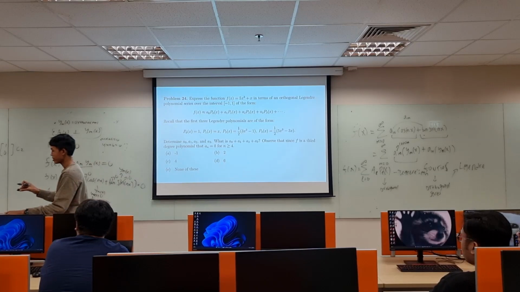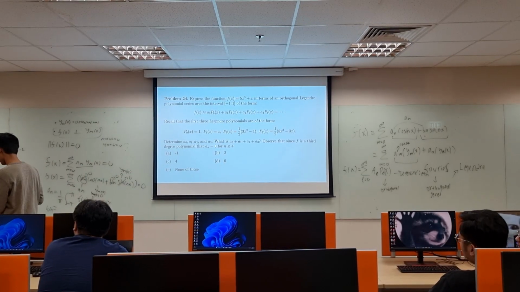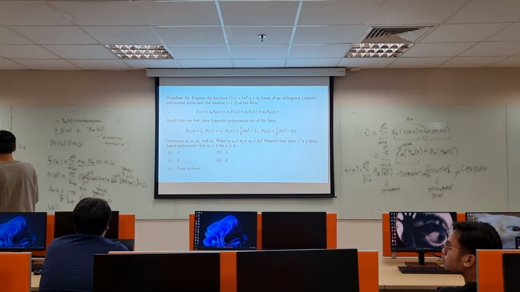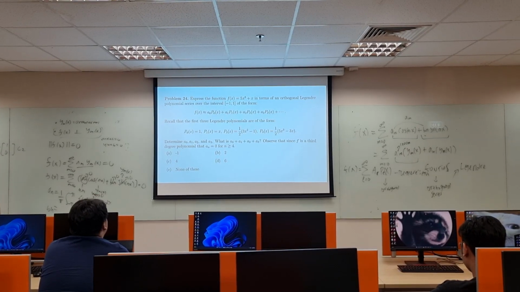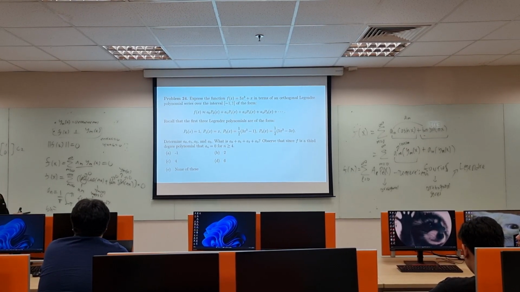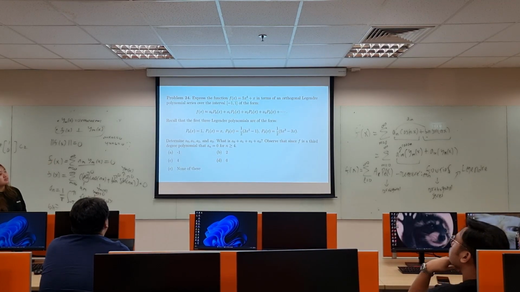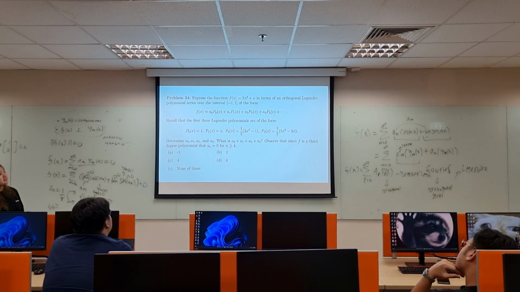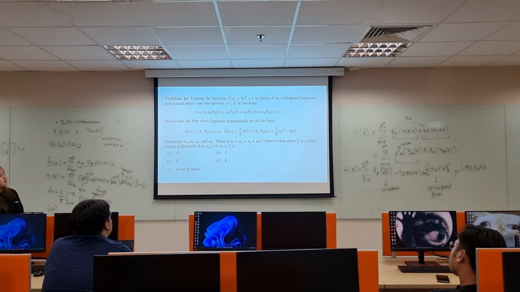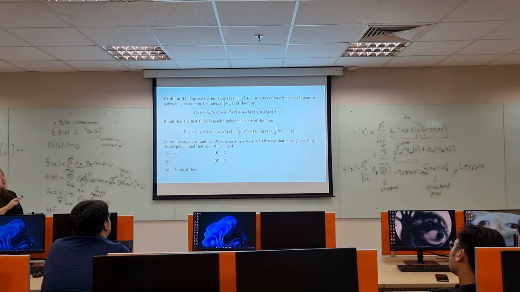For this problem, we need to express the function. There's a given function fx equal to 5x cubed plus x in terms of the orthogonal Legendre polynomial series over the interval of -1 until 1.